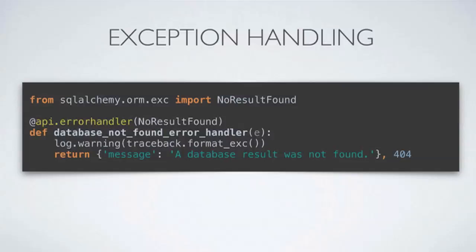The last feature that I'm going to talk about is exception handling, which the framework also provides. This is done through another decorator, this time called error handler. You can give it a type of exception that you know your application may throw. For example, this is an SQLAlchemy ORM exception, NoResultFound.